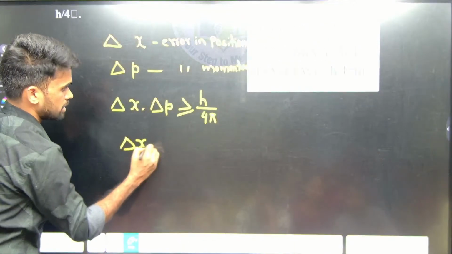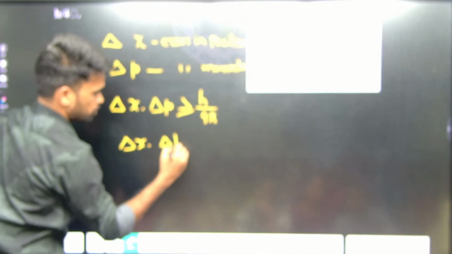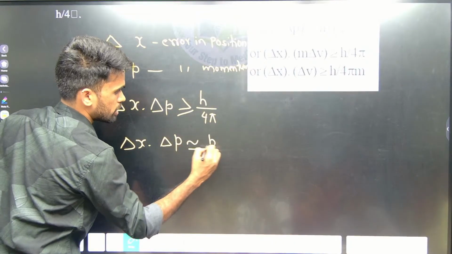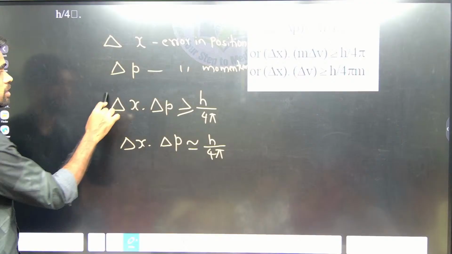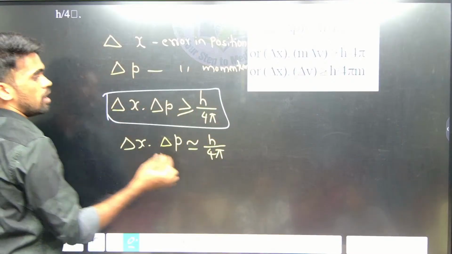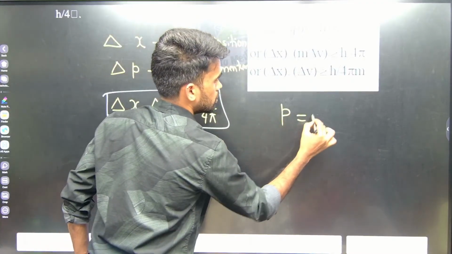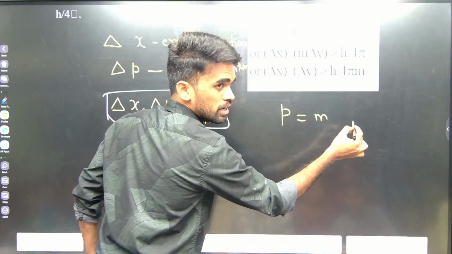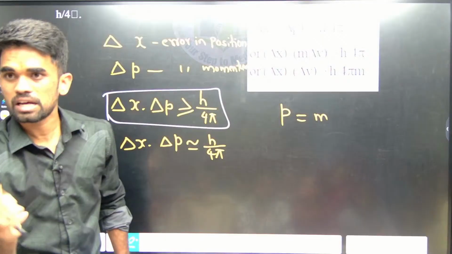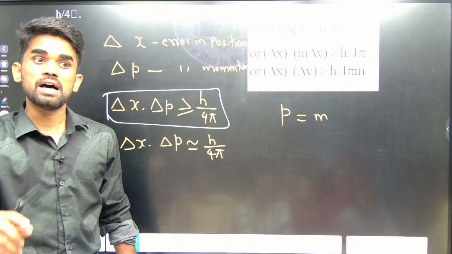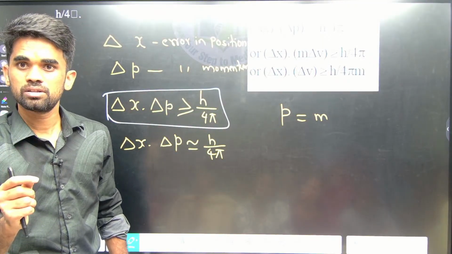Delta x into delta p. While doing the numericals, you can take it like this. Now what do we mean by momentum p? Mass into velocity, m into v. The mass of electron will be fixed, but the velocity of electron changes.